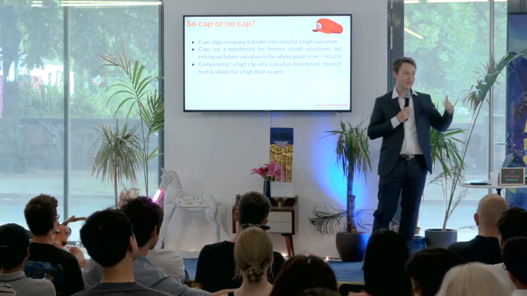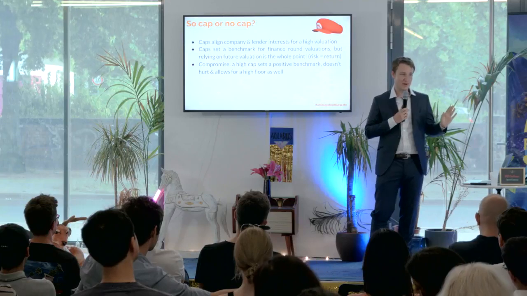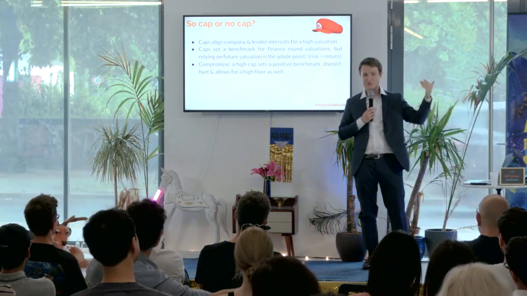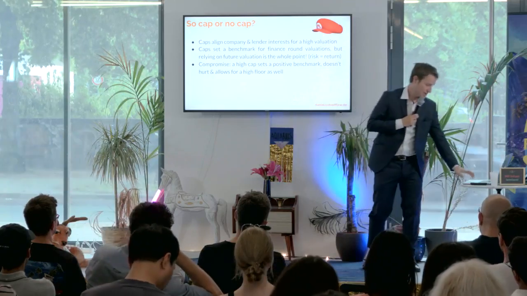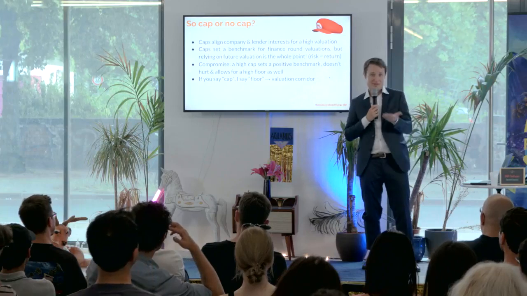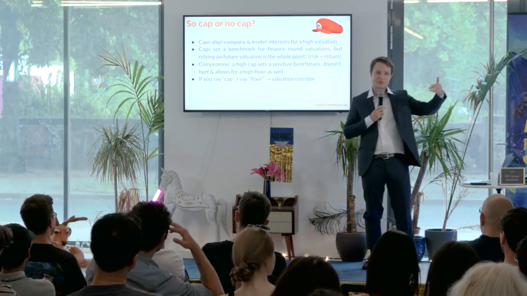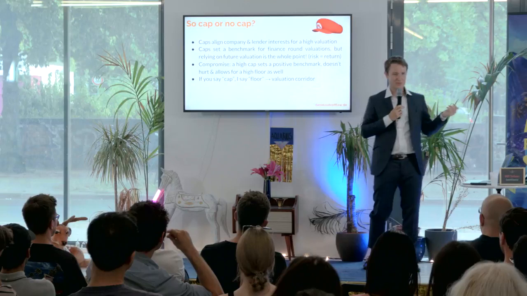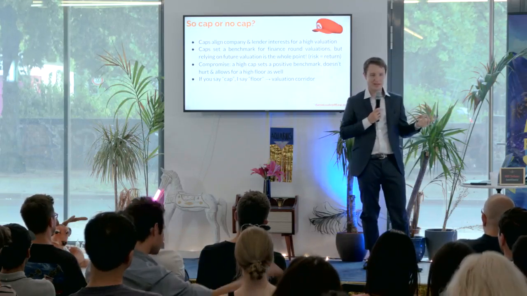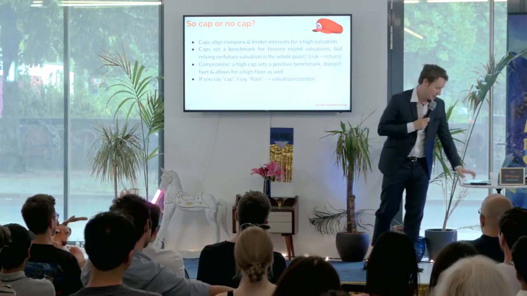So if you set a high enough cap, you don't have to worry about it, and on the contrary, you can also negotiate for a high floor, which is good for you as well. Because if you say cap, I say floor, I think it's just fair. Why would you unilaterally change the risk to the favor of the lender and not the favor of the company?